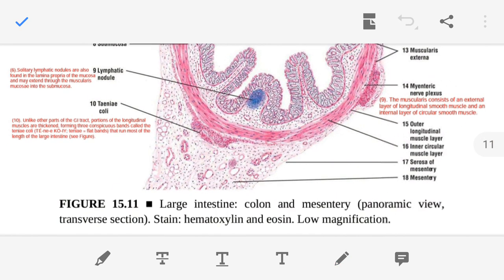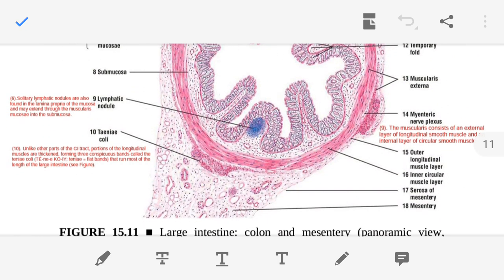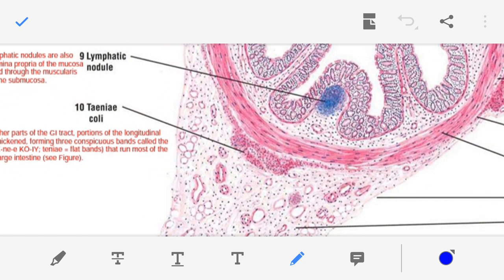In the figure I am showing you, in the histological slide first, then the anatomy figure I will show you.